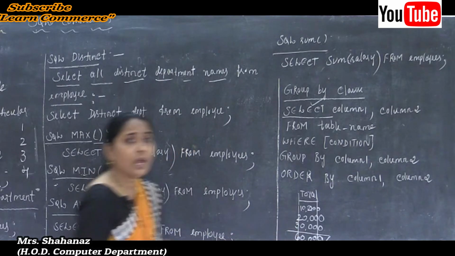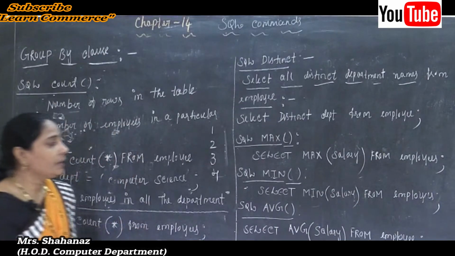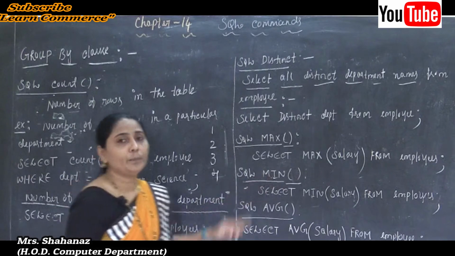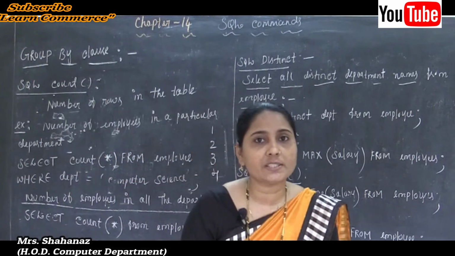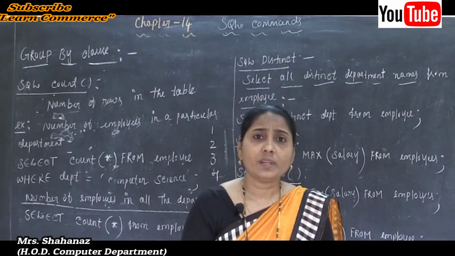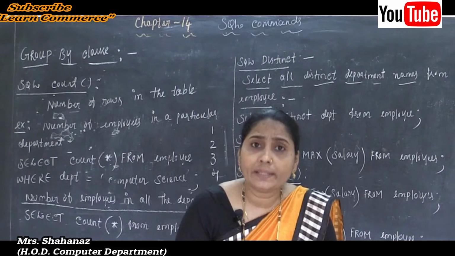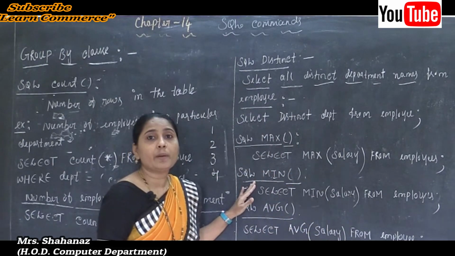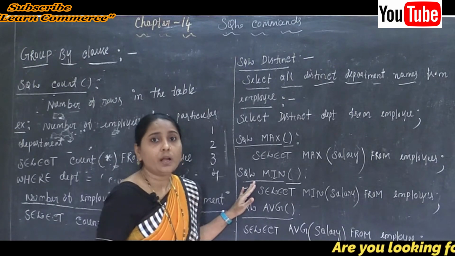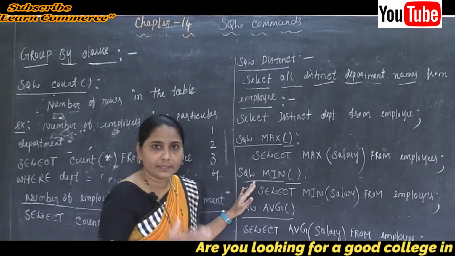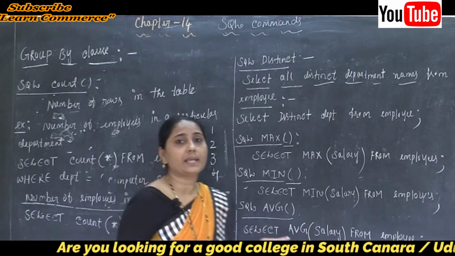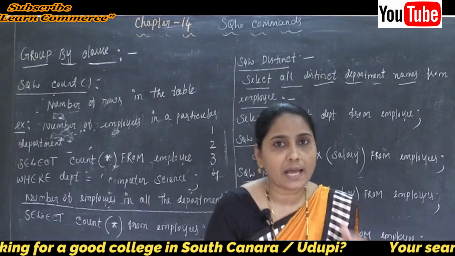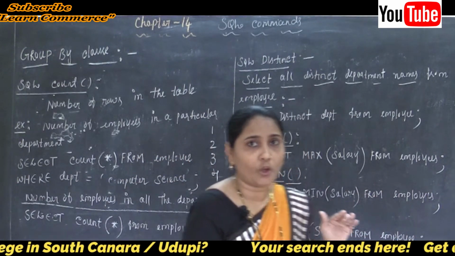Clear this point here? And later, next is about our next example, the SQL min function. This function is used to return the minimum value from a column. That means it shows the minimum value from the column. In a simple way, we can say to get the minimum salary drawn by an employee.